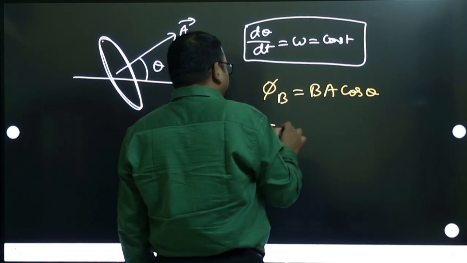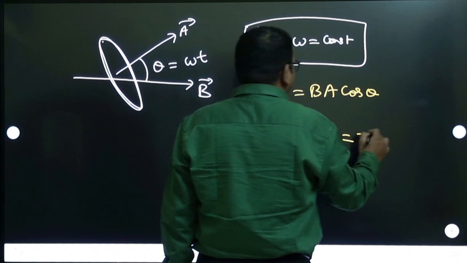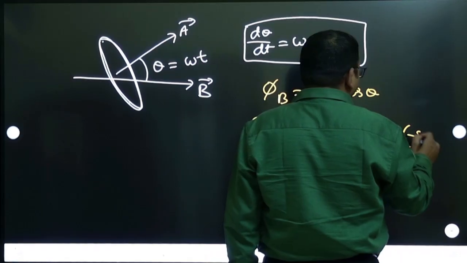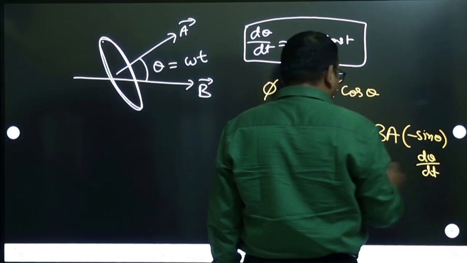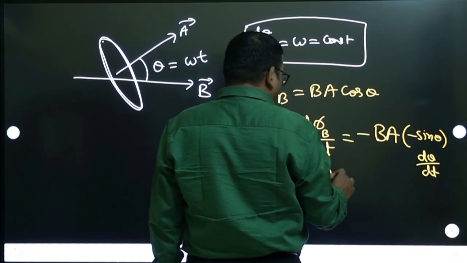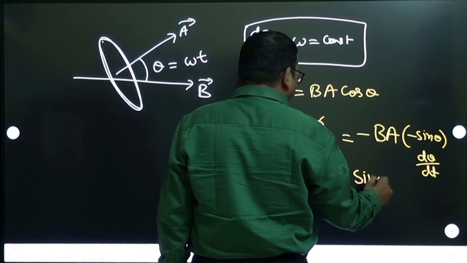Now EMF is equal to minus d phi by dt. So differentiate this: minus BA cos theta, differentiation becomes minus sin theta, and d theta by dt you have to write as omega. So you can write this EMF as BA omega sin theta, correct?